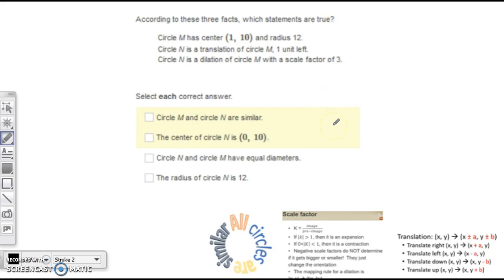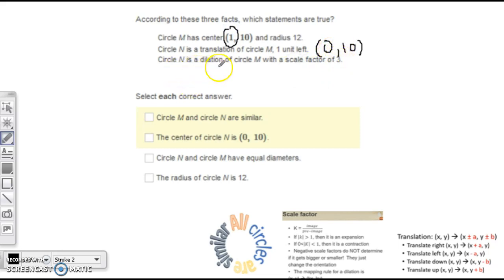All right, according to these 3 facts, which statements are true? So circle M has center at 1, 10 and a radius of 12. Circle N is a translation of circle M 1 unit left. So if I'm moving it 1 unit left, my X value is going to be subtracted by 1. So I know my new center is going to be at 0, 10 because I just took that X value and I subtracted 1 off of it.